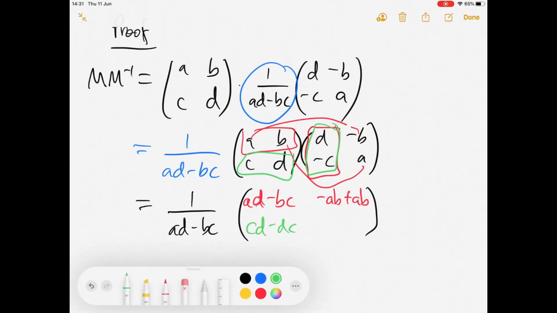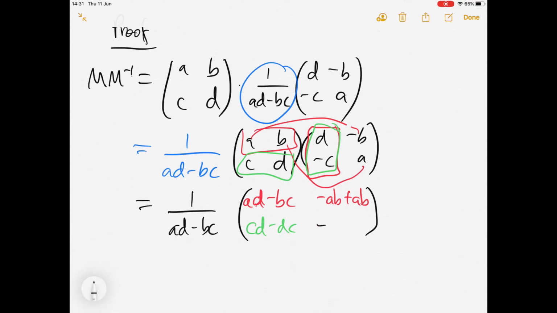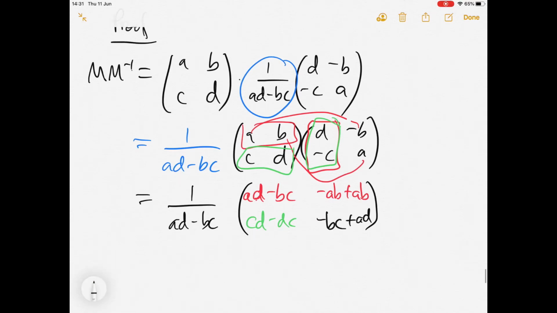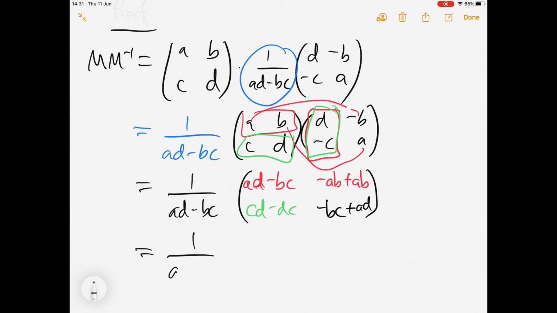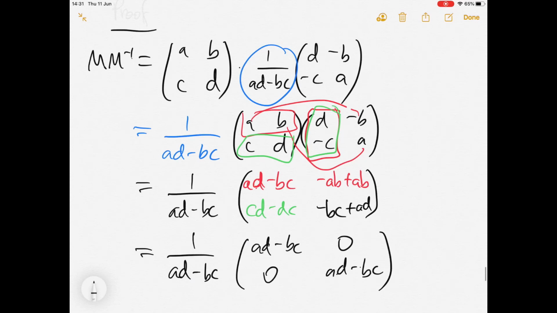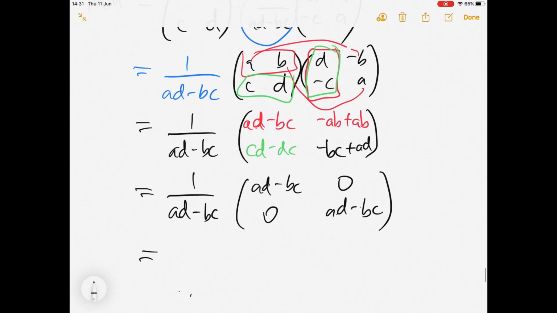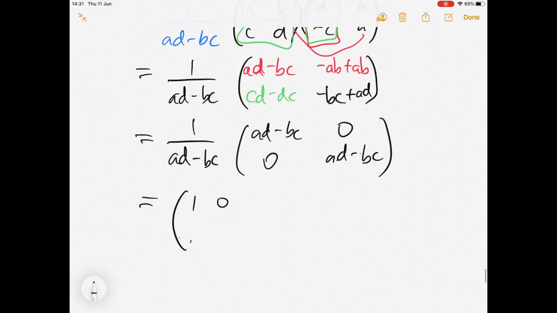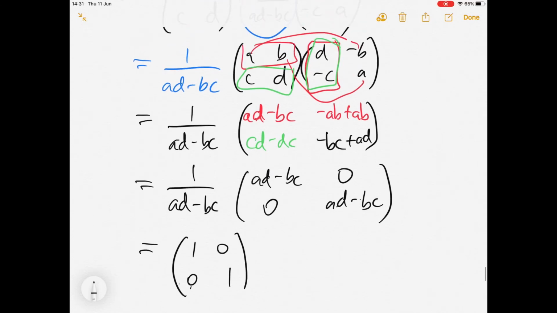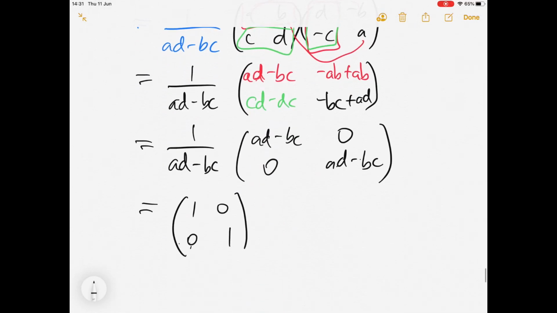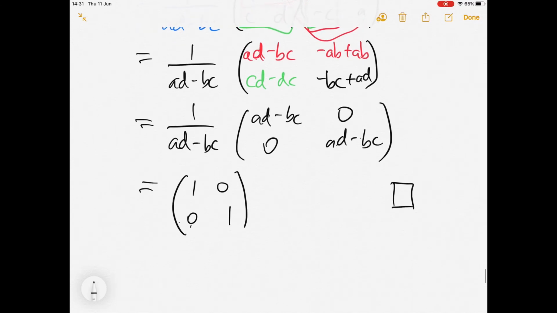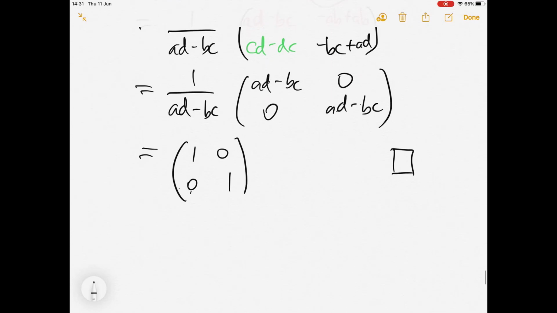And second row, second column, I have minus BC plus AD. This simplifies to AD minus BC, 0, 0, AD minus BC. Then if we multiply by 1 over the determinant at the front, we get the matrix 1, 0, 0, 1, which is the identity matrix. Then we just do the same thing the other way around, which gives the same answer, and that's the end of the proof.